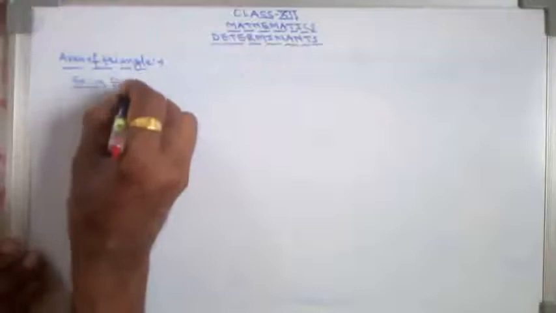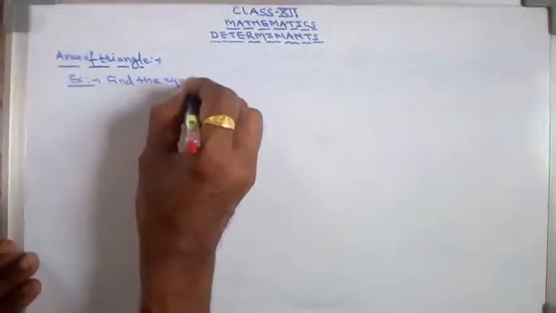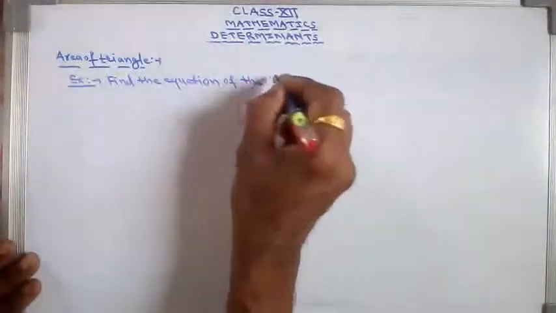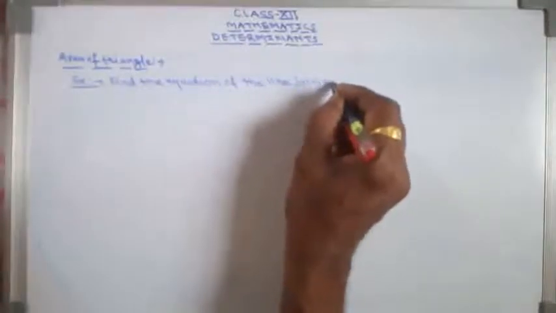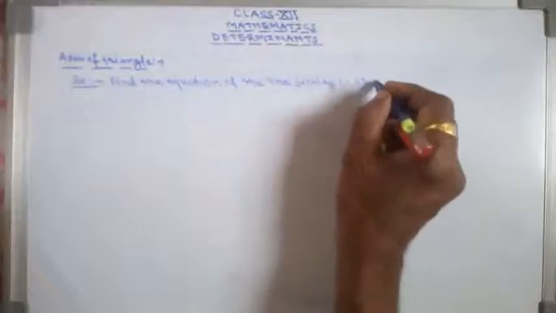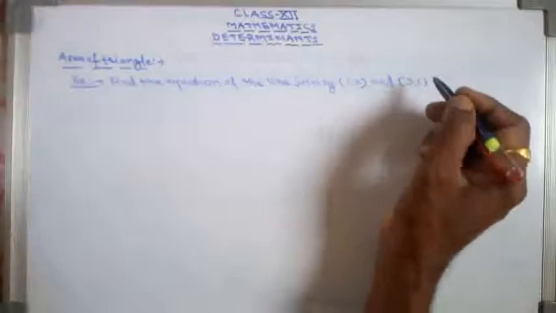Find the equation of the line joining (1, 2) and (3, 6) using determinants.